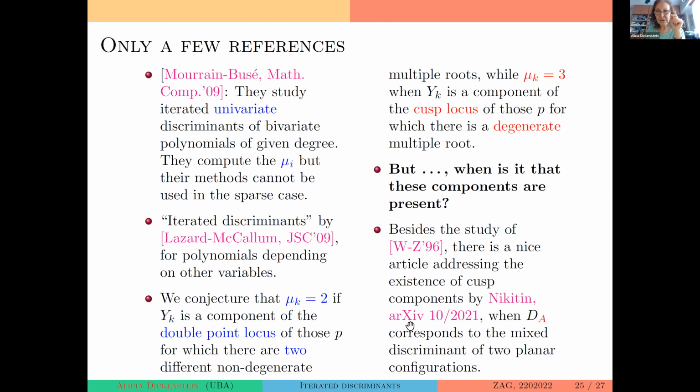It was posted before, but the last version is from last October. And he studied this particular case, and already this case is quite involved. And I haven't seen any other study describing singularities of discriminants in general.